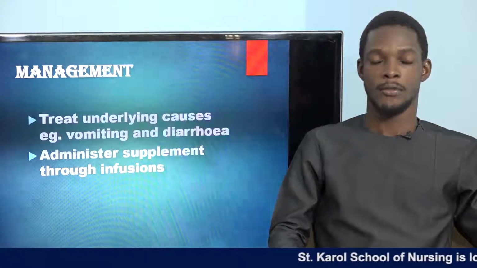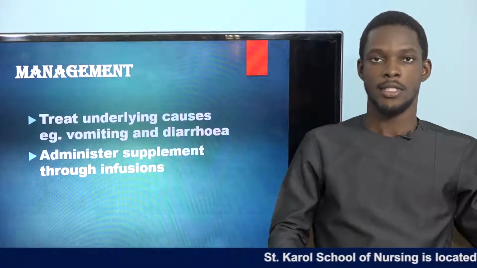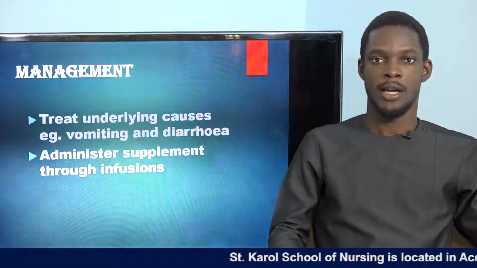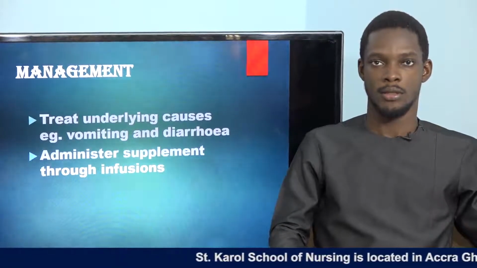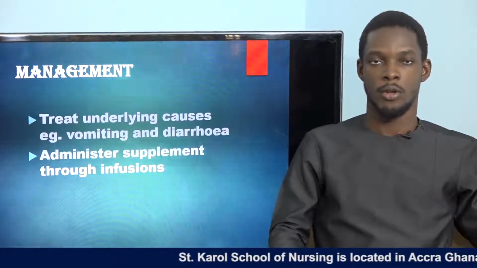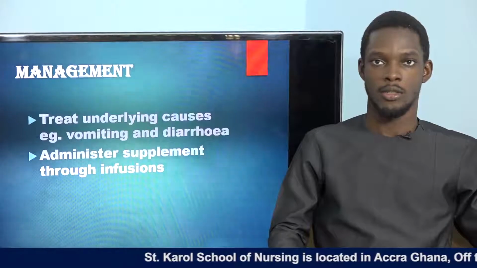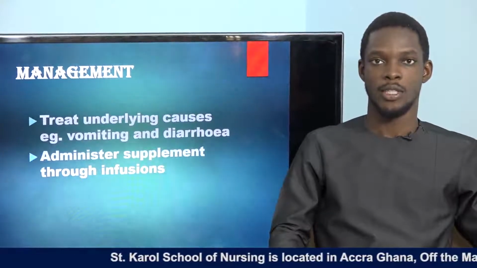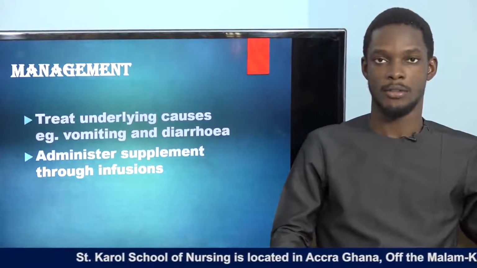In the management of hypokalemia, it is imperative to treat the underlying cause and subsequently administer supplements through infusions. Because of the low therapeutic index of potassium, it is unwise, and it is fatal, to give KCl, potassium chloride, directly into the bloodstream.